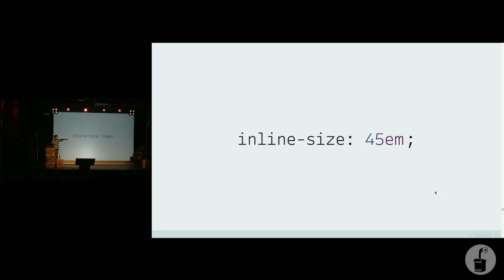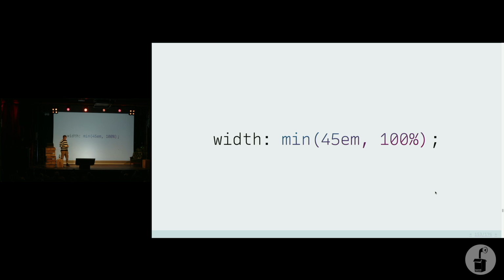And maybe we should be basing it on the size of the font. Is that what we want? Are we trying to create a line length of a certain number of characters? Maybe we should be more explicit about that. Or some combination. Maybe we want the minimum of a certain number of characters with a maximum of 100%, so we're not overflowing. There's all sorts of things that we might mean here by setting our width.